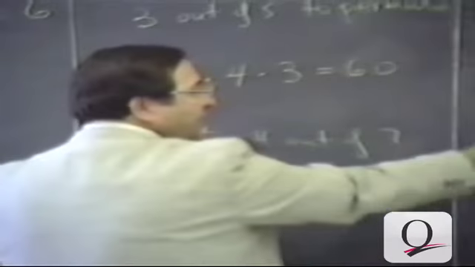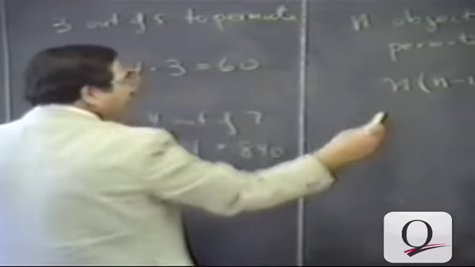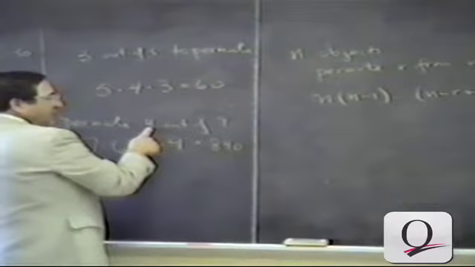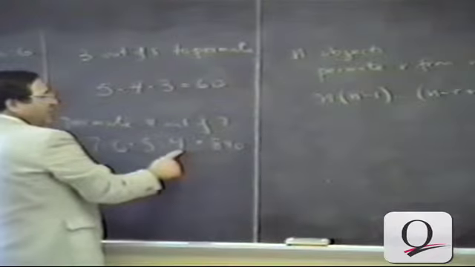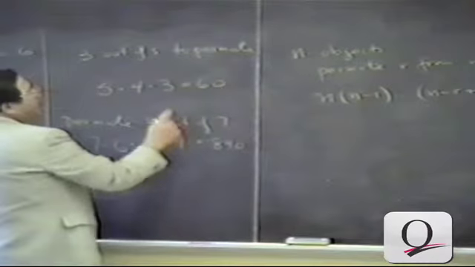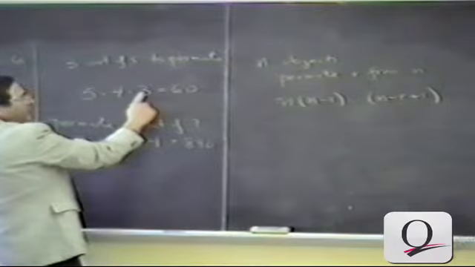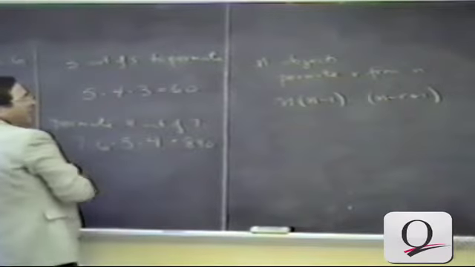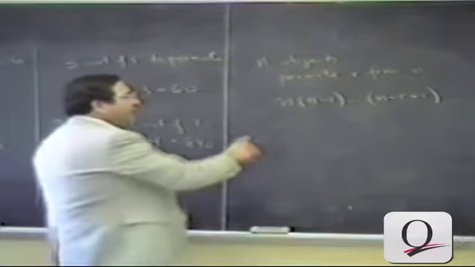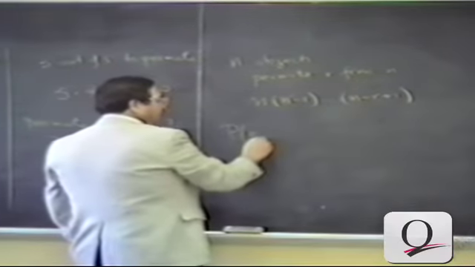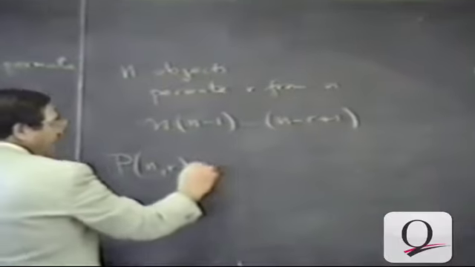For example, when it was 4 out of 7, I start with 7, 6, the last choice would be 7 minus 4, which is 3, plus 1 is 4. 3 out of 5, the last choice is 5 minus 3, which is 2, plus 1. Now this is given a name, PNR.